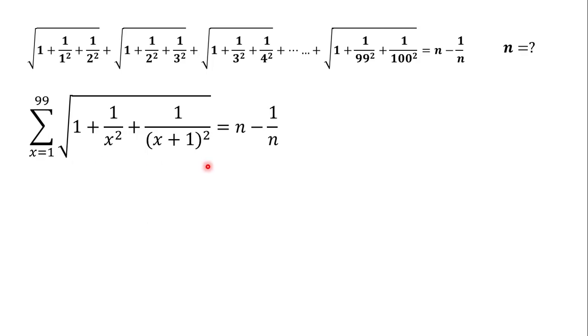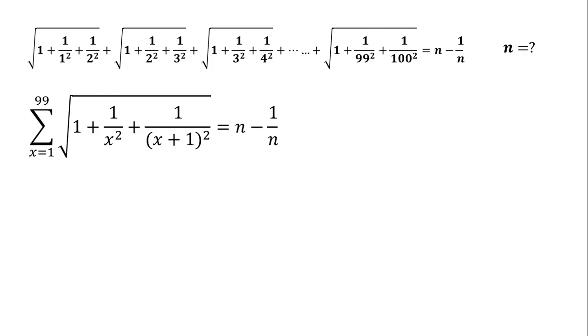As you can see, there are three terms in the radicals, and to add these terms we need a common denominator. So we should multiply top and bottom of each term by the denominator of the other terms.